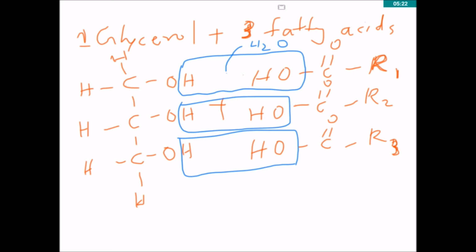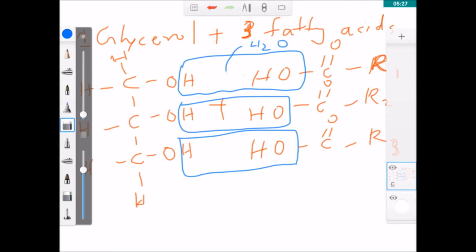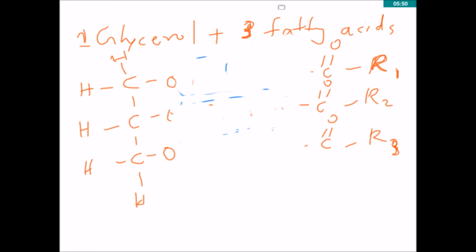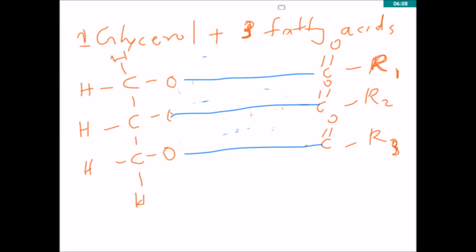Now what I can do is erase this. Okay, good. Bear with me until I finish. Now they will form a new bond, and these bonds are called ester bonds.